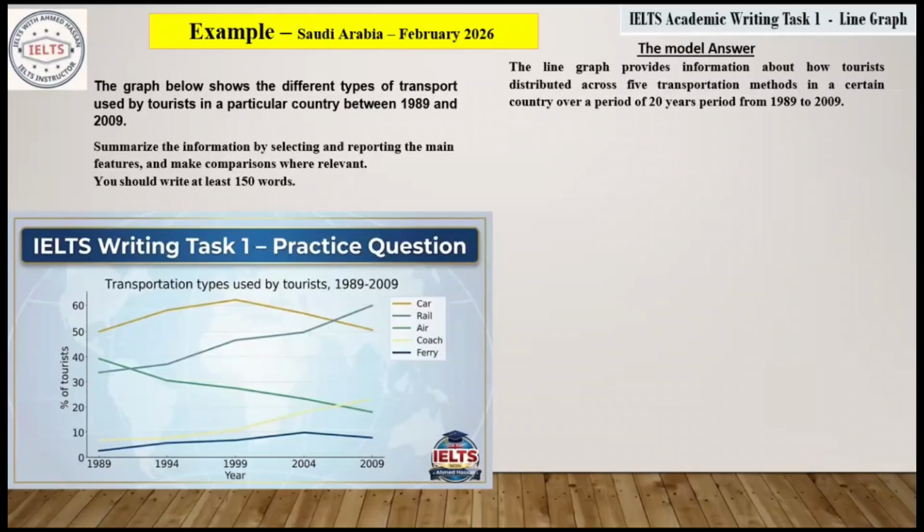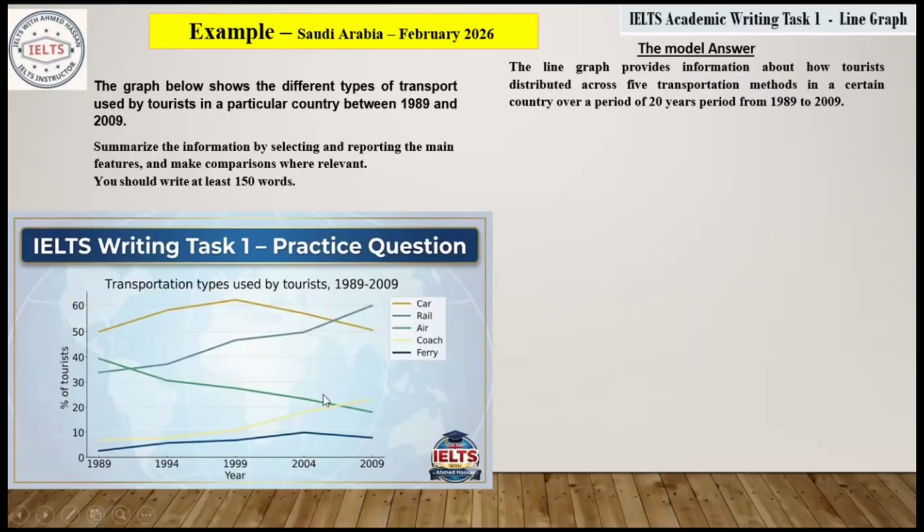What will we do in the overview? What should we do? We describe the general idea. You should find out 1 or 2 main things and you write about them. Something clear, something important, something prominent.